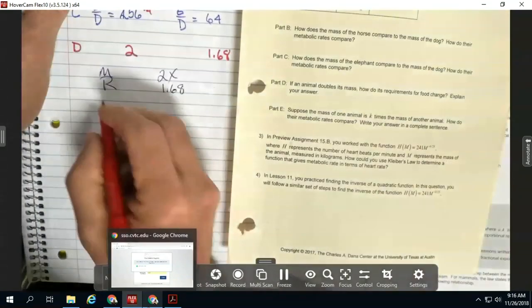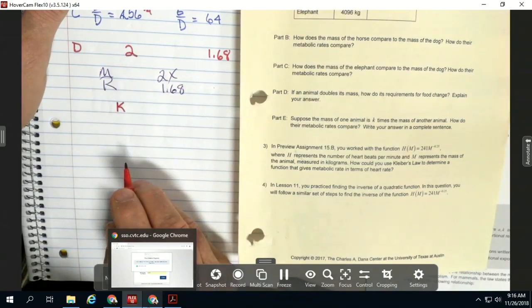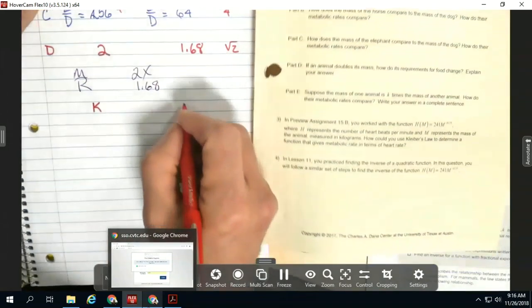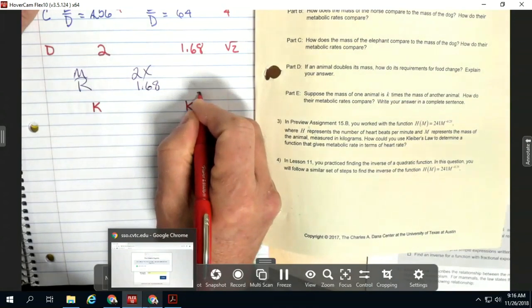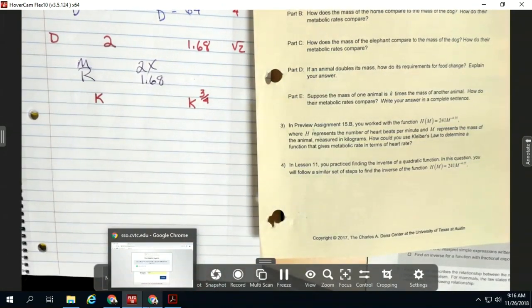Okay, so part D then, if an animal's mass doubles, its caloric intake will only increase by 1.68. Suppose the mass of one animal is K times the mass of another animal. How do their metabolic rates compare? K to the 3/4. So you just take that number and raise it to the 3/4.